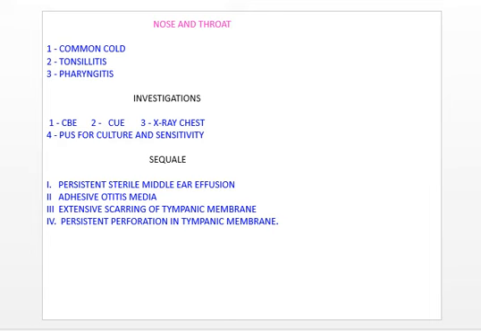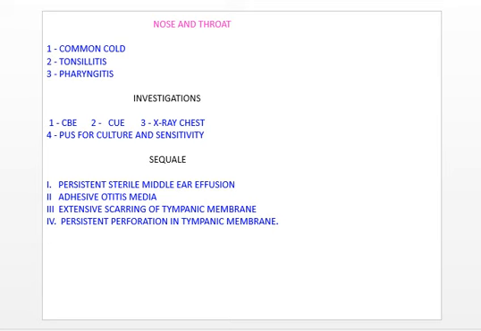The investigations which we can perform in these cases: complete blood examination indicative of acute infection, which you already know, increased polymorphs and increased WBC count.